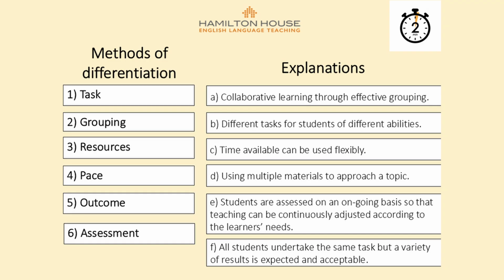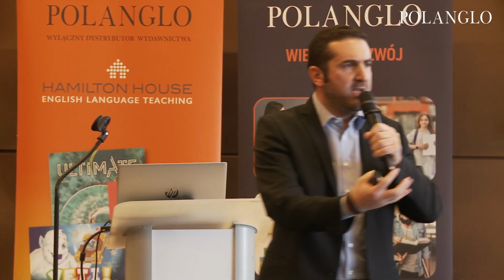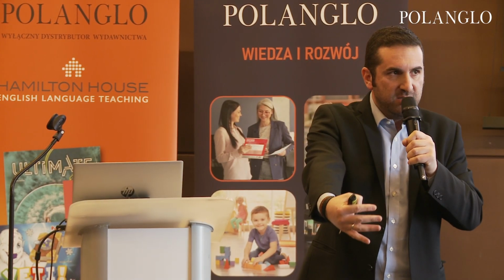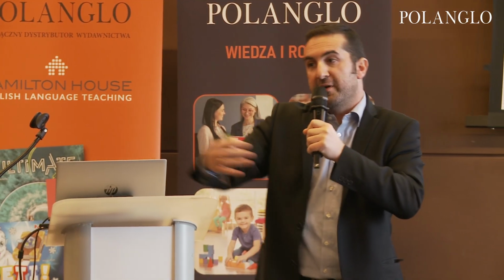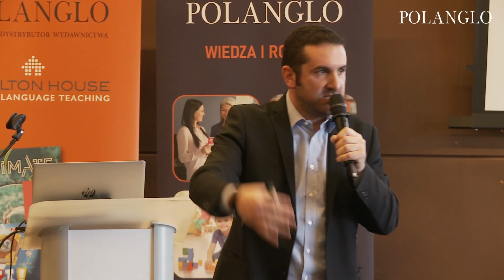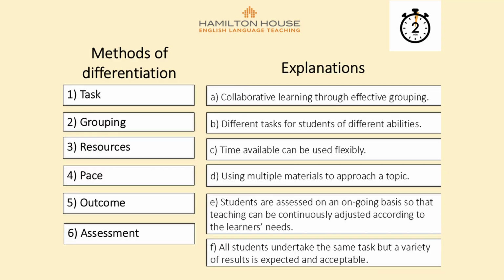Thank you. Pace. C, the time that we have available can be used flexibly. If we have 40 minutes in front of us to do a lesson, we would do things differently than if we had an hour and a half. Yeah, we would adjust the pace. What about outcome?